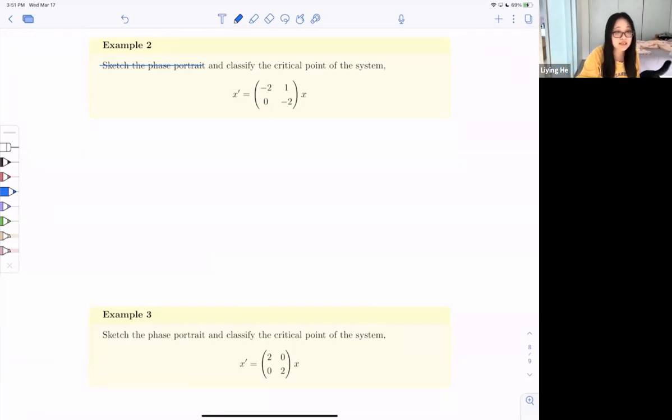So lambda 1 equals lambda 2 equals, wait, what does it equal to? -2? And is it defective or no? How many linearly independent eigenvectors can you find?